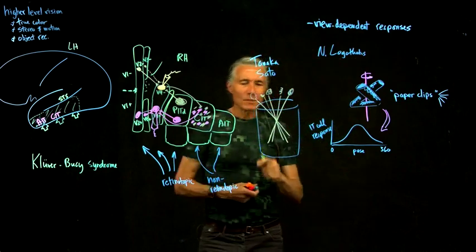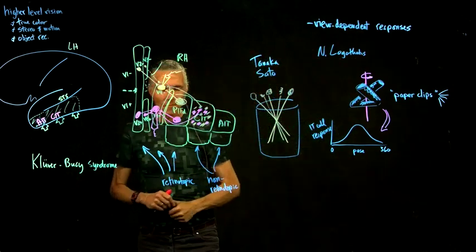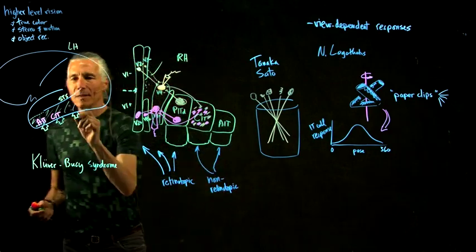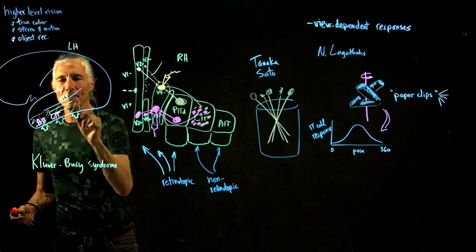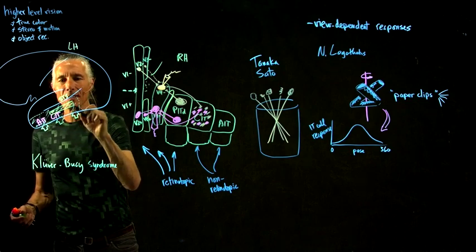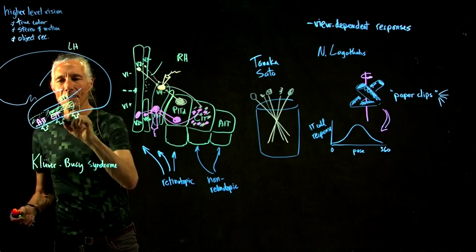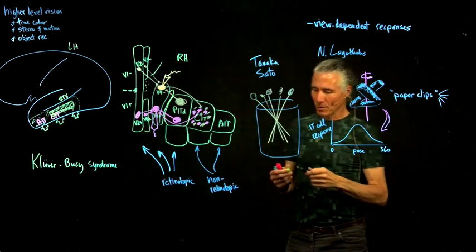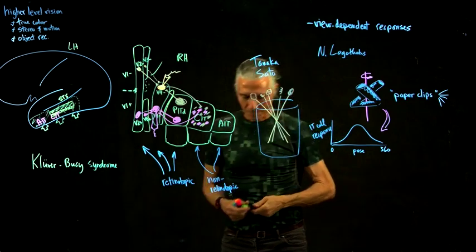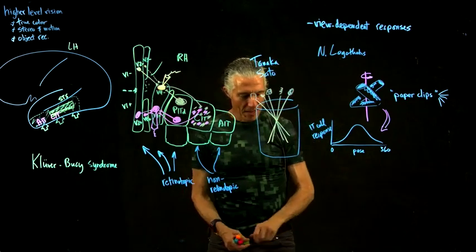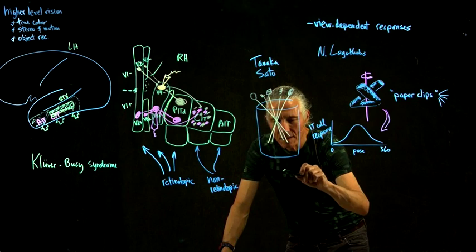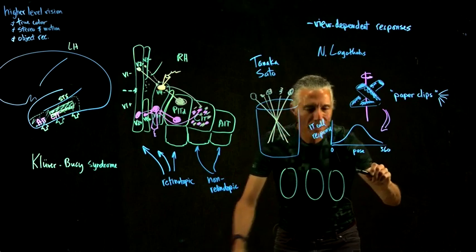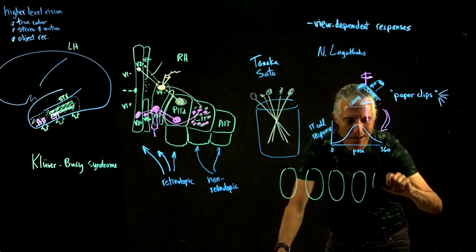And probably the most famous single optical recording experiment done on that was also done in Tanaka's lab, where they did an optical recording from a little patch of inferotemporal cortex. What they found was, if you show faces, actually three-dimensional, it was a mannequin head.